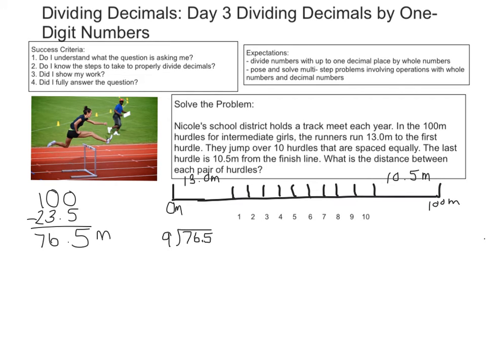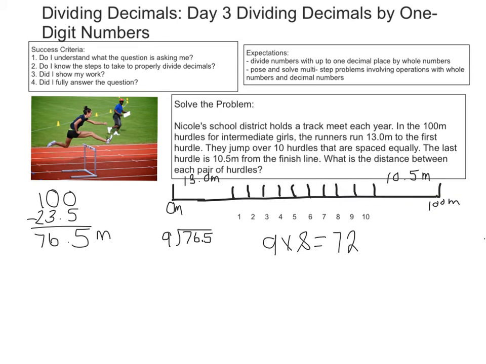So let's work through this division question. We ask ourselves, how many times does 9 go into 7? Well, we know that 9 is larger than 7, so it doesn't go in at all. So then we ask ourselves, how many times does 9 go into 76? Well, we know that 9 times 8 equals 72.